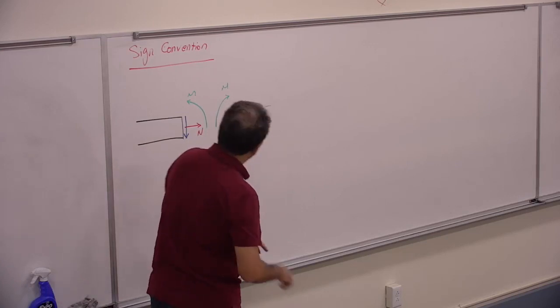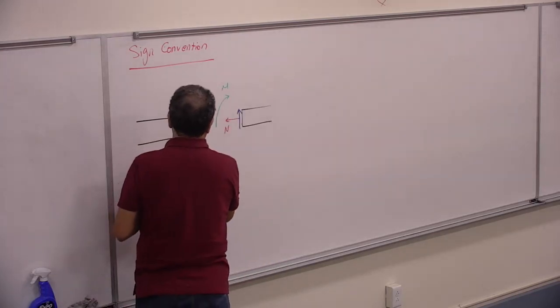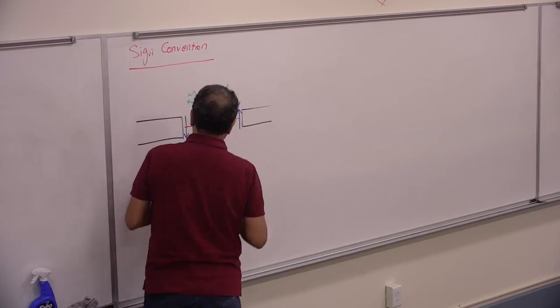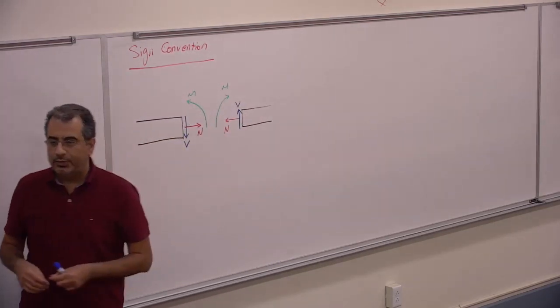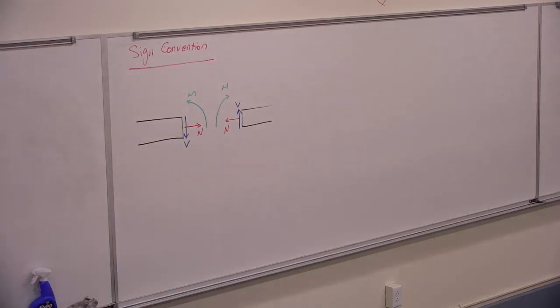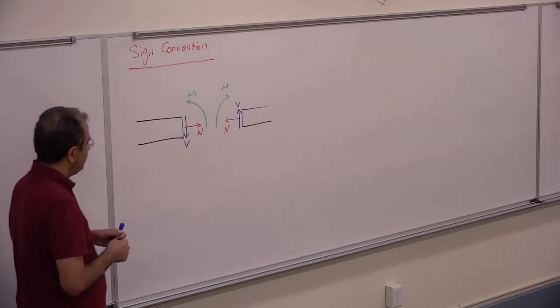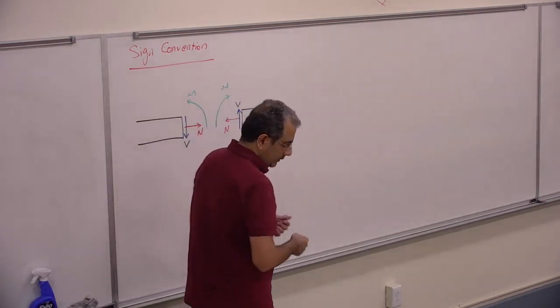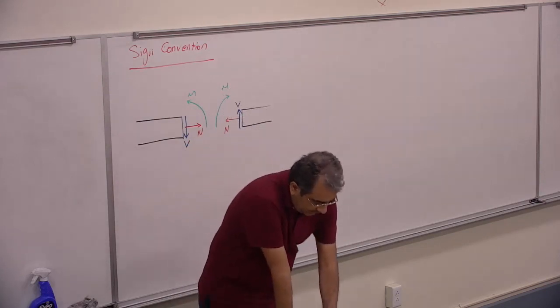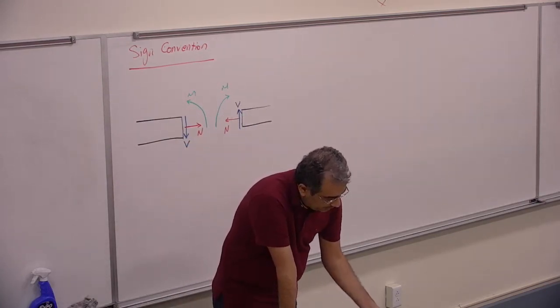Is that V? That's a V. So this is considered to be positive internal forces. If it looks like that, it's positive. If it's the opposite of that, it would be considered negative.